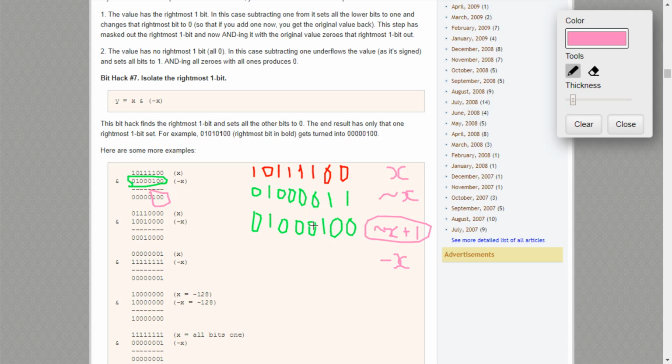But going back here, let's think about why. Why does that work? So basically, the first thing to notice, because we're looking for basically this 1 here. So if this is, in fact, the rightmost 1, then that means everything to the right of that has to be a 0. Okay, well, that also means that when we flip this, when we do the not x, everything to the right of the bit we're looking for is going to be a 1, right?